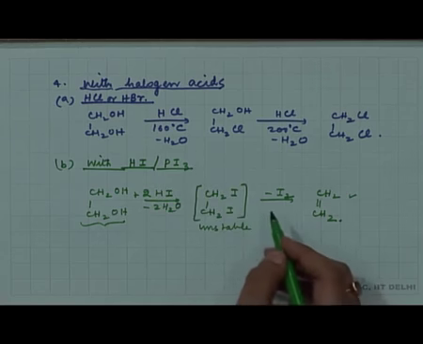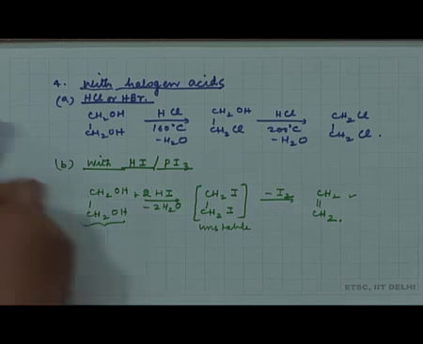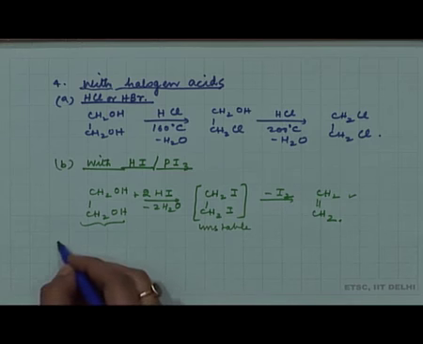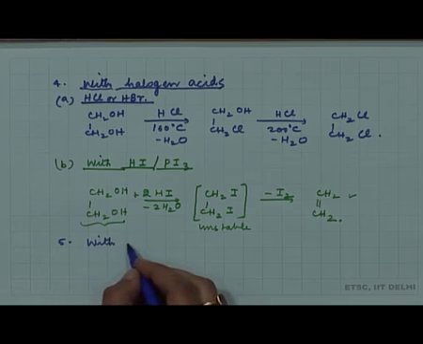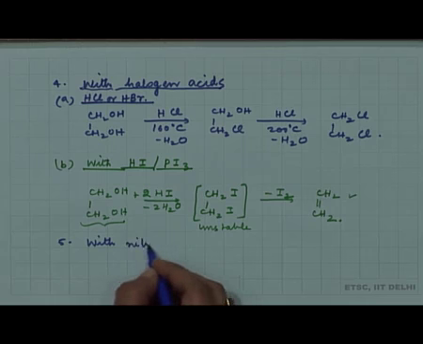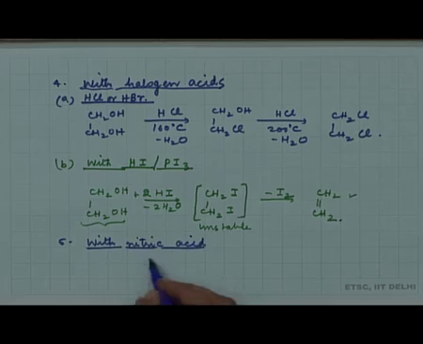So, basically it is the diiodo species which is not stable, it leads to the formation of this product. Okay. Another reaction in halogen acid, if it reacts with nitric acid, then what happens? This we studied earlier also.